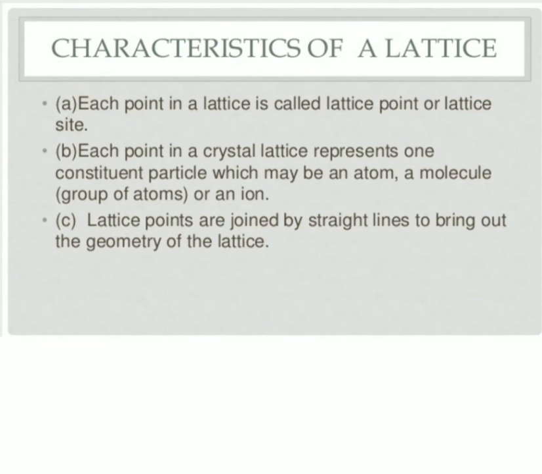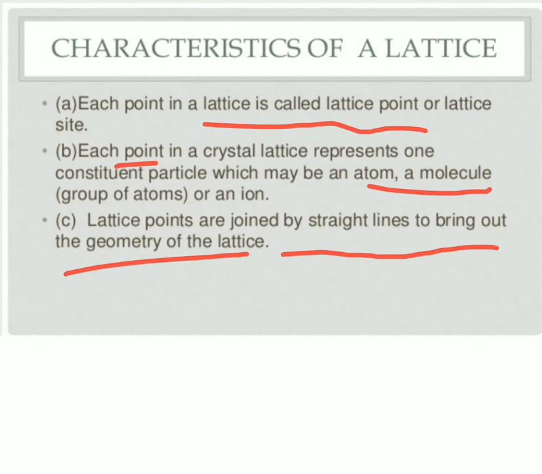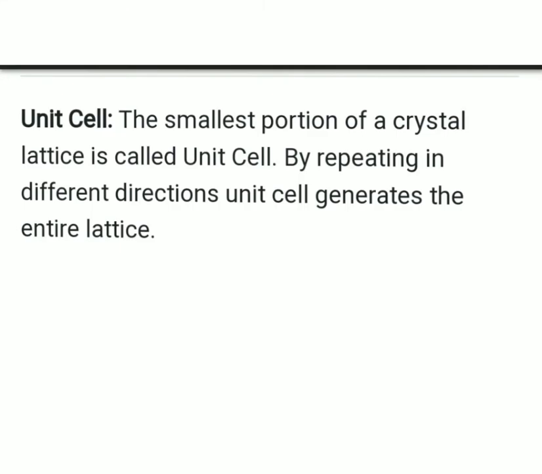See the characteristics of a lattice. As I have discussed, each point in a lattice is called a lattice point. Each point represents atoms, molecules or ions, and lattice points are joined by a straight line to bring out the geometry of the lattice. These are the characteristics of a lattice.